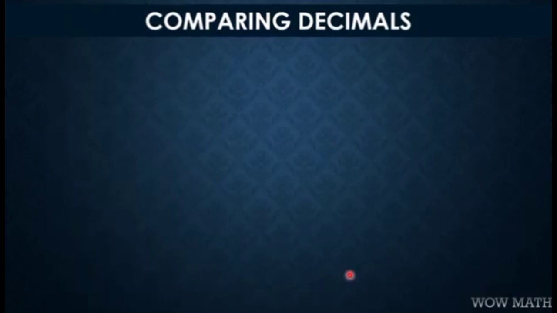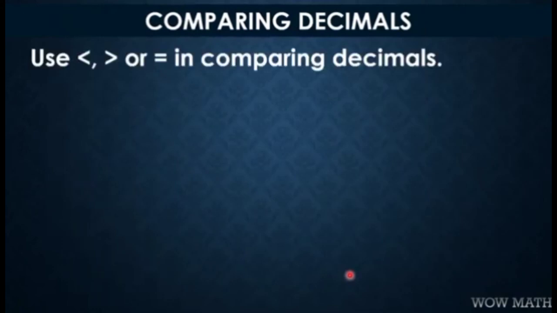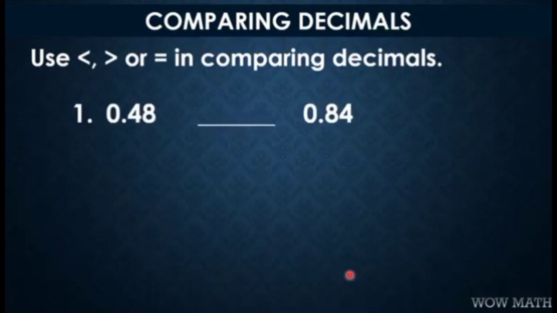Okay, let us compare decimals. How are you gonna compare decimals? So, let us use less than, greater than, or equal sign in comparing decimals. So, I have here 0.48, which is bigger or lesser than the other, or are they equal? Compared to 0.84.